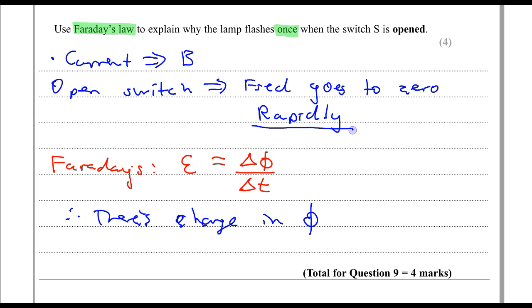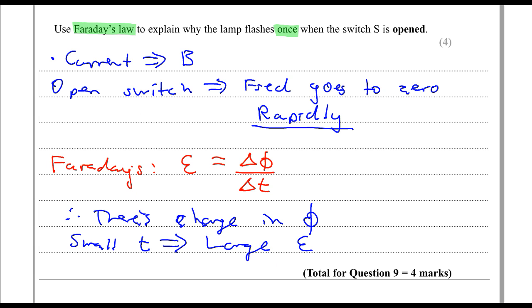And given that this change is happening rapidly, delta t is very small, which makes a large EMF being induced. And this large EMF is greater than the 200 volts required for the lamp to flash. So we can see the neon lamp flashing.